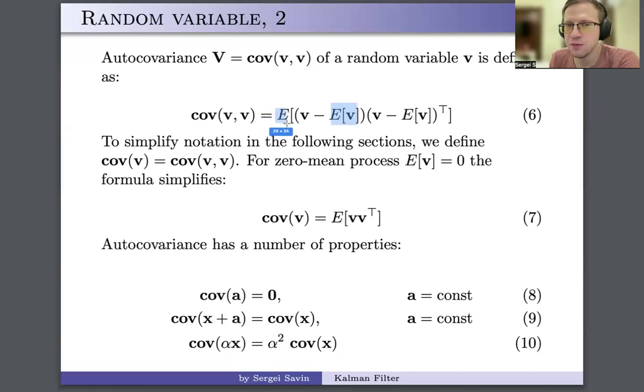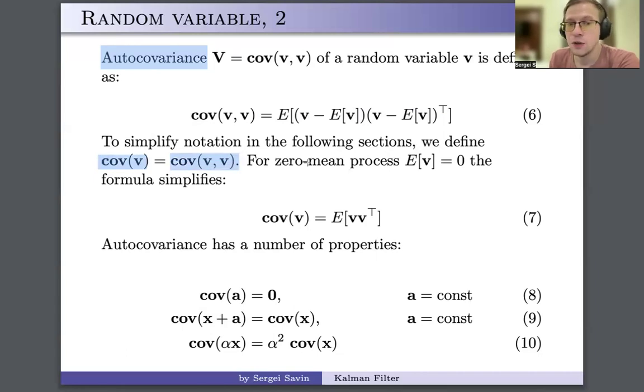So this operation mostly is needed for this guy. So far it looks maybe a little bit scary, but it's not very scary. Now, just to make notation a little bit simpler, we would sometimes write it like this: covariance of V, which would imply outer covariance, and it would imply a covariance of V with V, right?